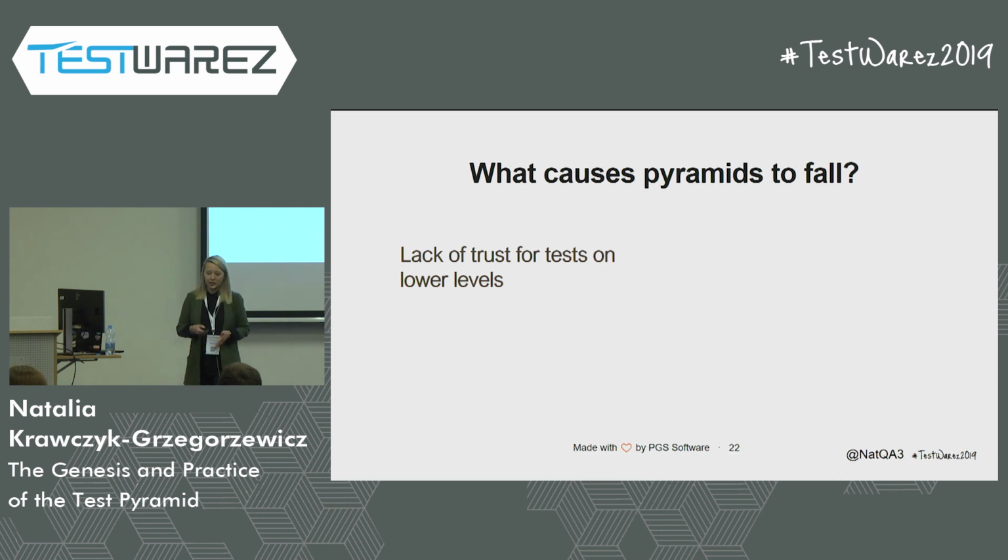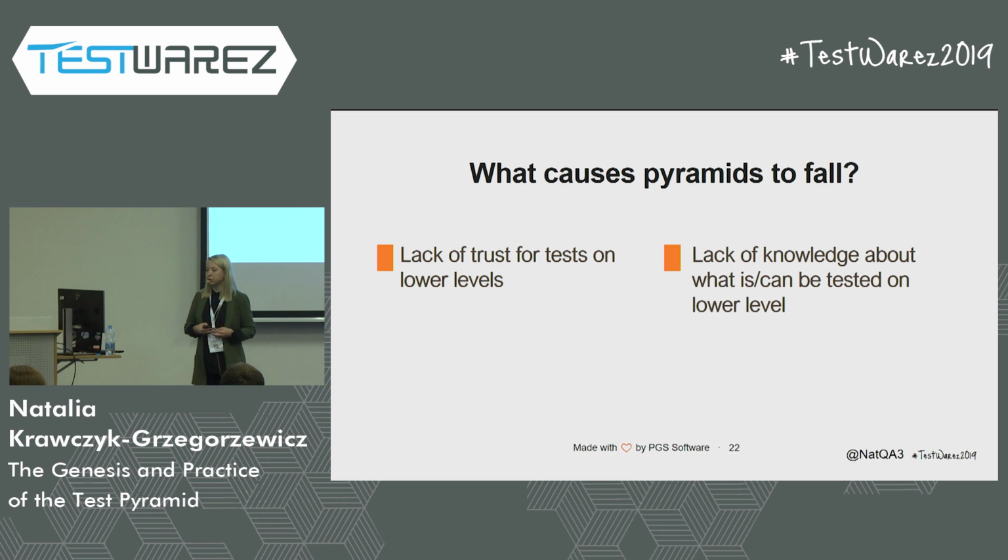Because with unit tests, the developer runs the unit test, probably on a local machine. So if something is broken, he fixes that immediately, right? And you don't even know about it. So how can you trust those tests if you don't know if they actually find some issues?